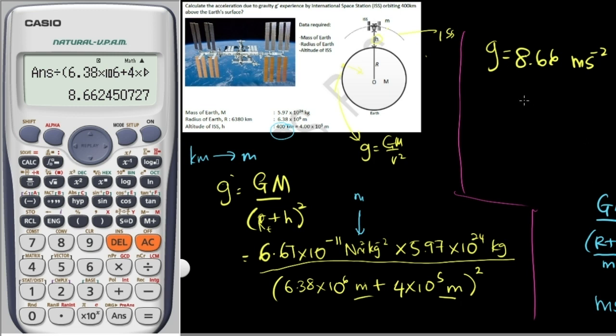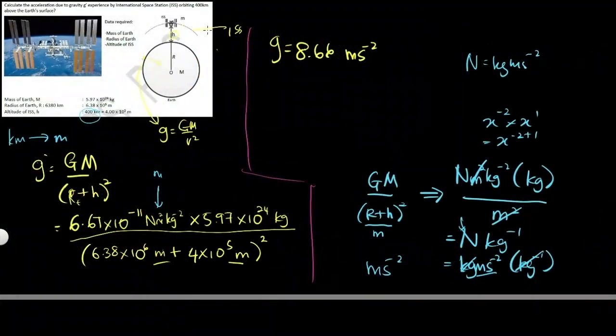So this is the value of g experienced by this satellite. Not only applying to the satellite, but also to any other object.